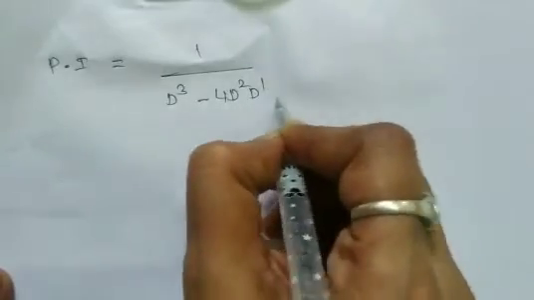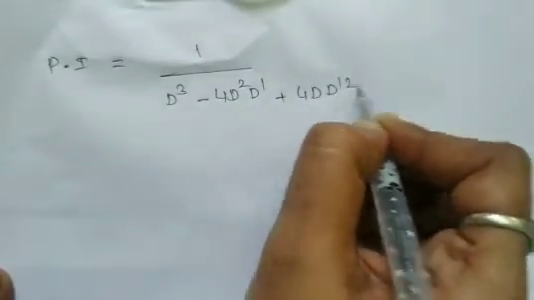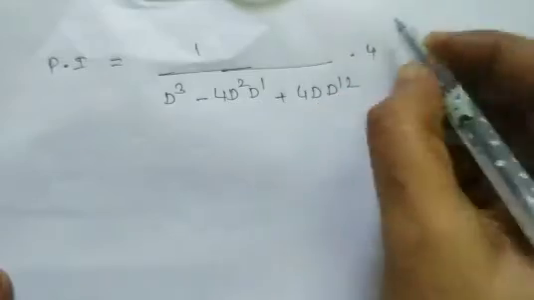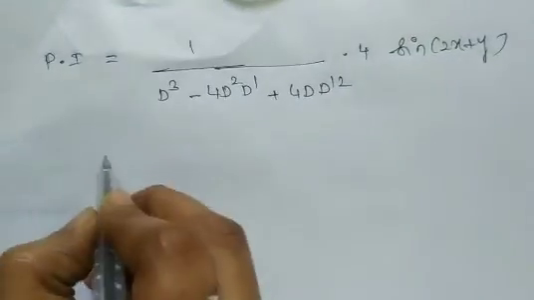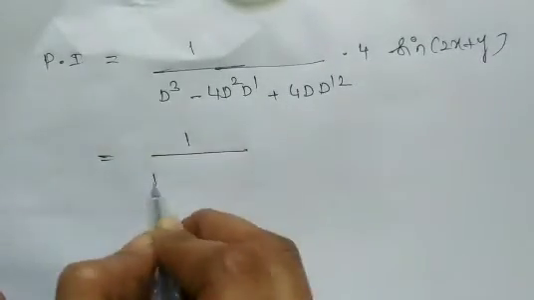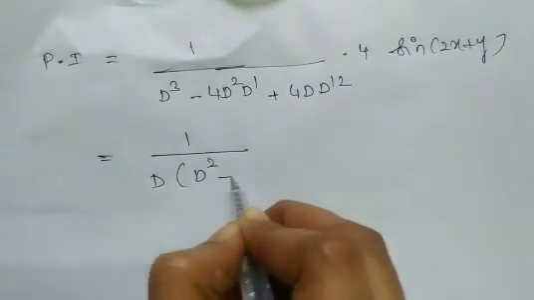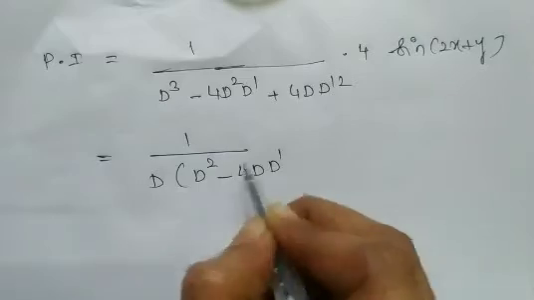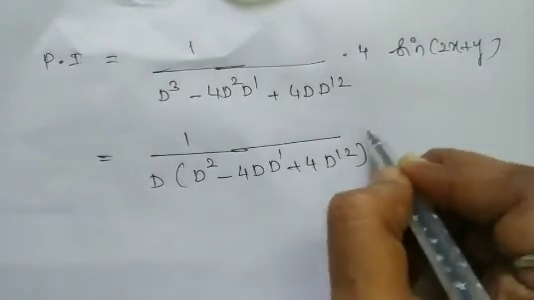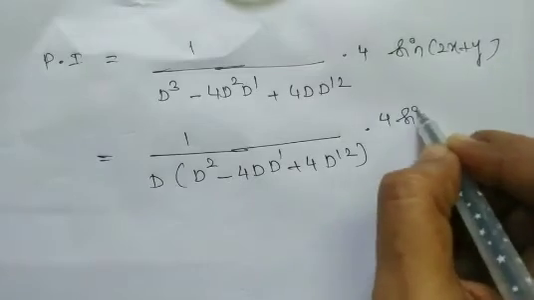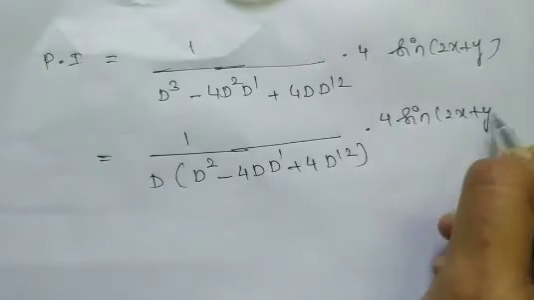So particular integral equal to 1 by here D cube minus 4D square D dash plus 4D D dash square into 4 into sine of 2x plus y. So here this can be written as D of D square minus 4D D dash plus 4D dash square into 4 of sine 2x plus y.